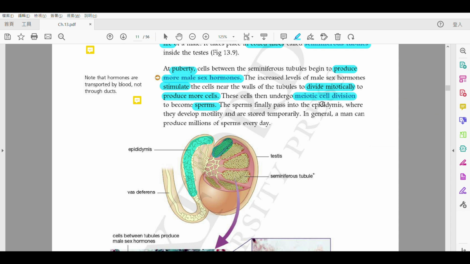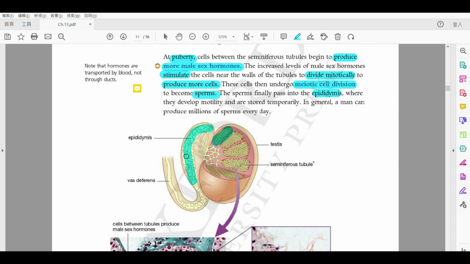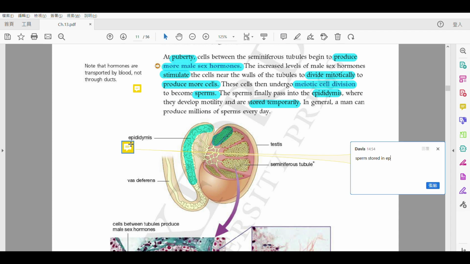Then the sperm will get into the epididymis. Remember, once it gets into the epididymis, it is temporarily stored. Besides, they are not mature yet. You can write this down: the sperm stored in the epididymis are not mature yet.